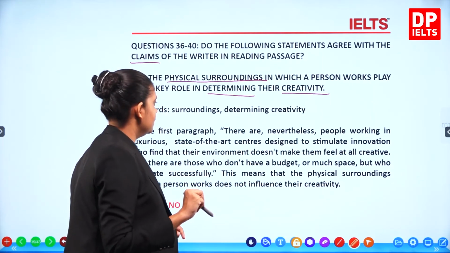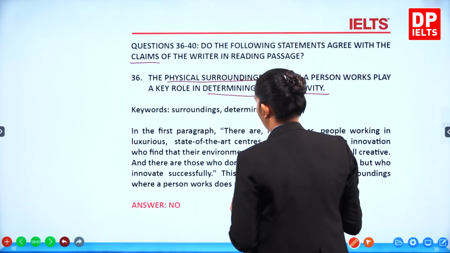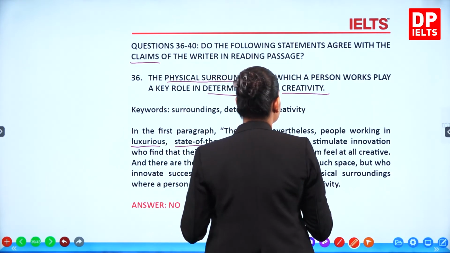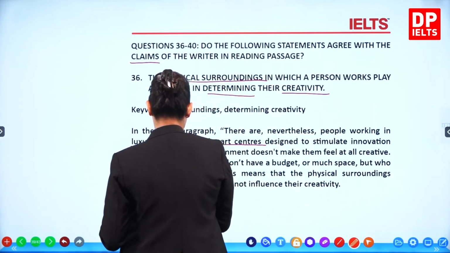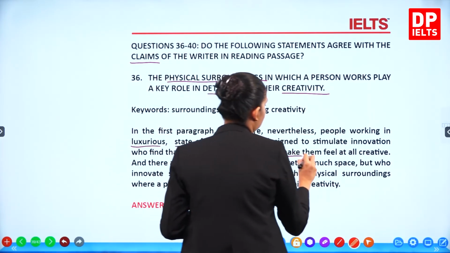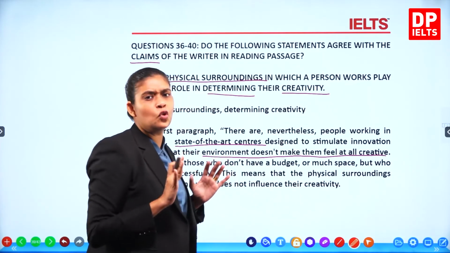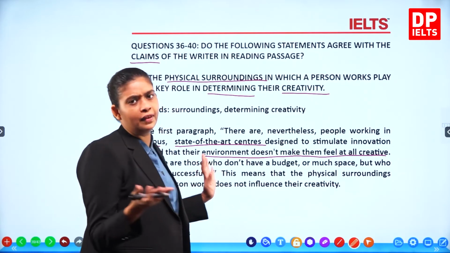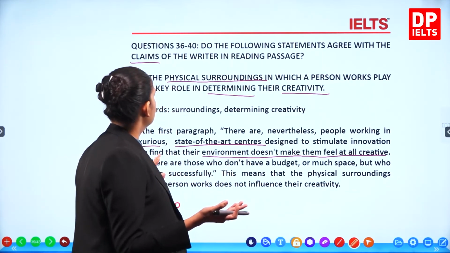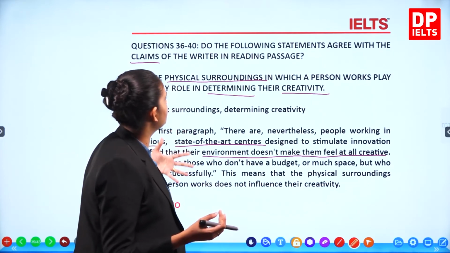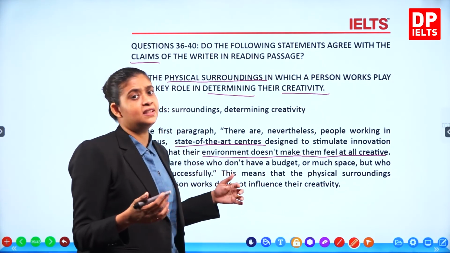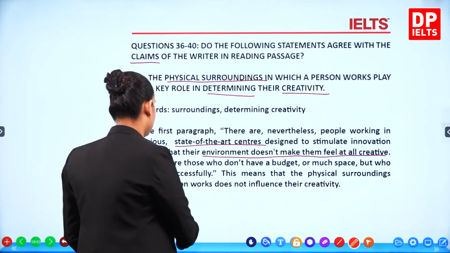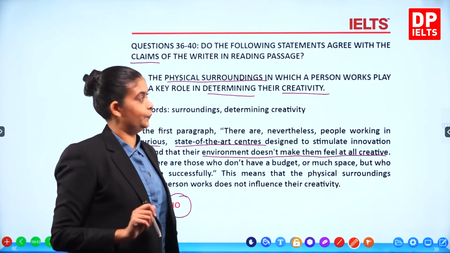There it states, there are nevertheless people working in luxurious, state-of-the-art centers designed to stimulate innovation who find that environment doesn't make them feel at all creative. Right? So some people, nothing makes them creative. So do physical surroundings play a key role in determining creativity? No. It says there it doesn't make them feel at all creative. So the answer is no.